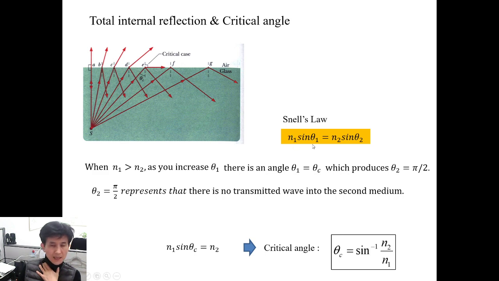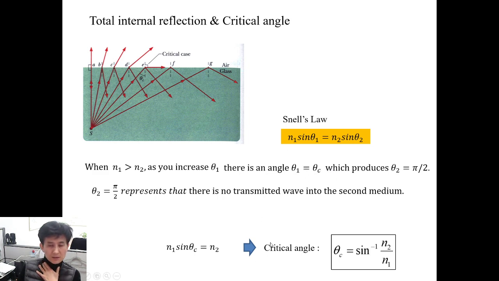That only happens when N1 is larger than N2, for example, water to air, or glass to air. There is no critical angle if N1 is smaller than N2. That means for air to glass transmission, there is no total internal reflection, no critical angle.